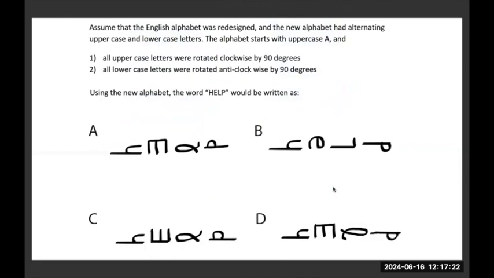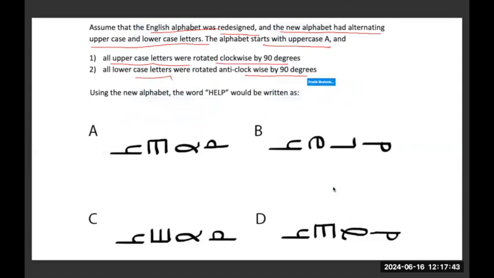Assume that the English alphabets are redesigned and the new alphabet had alternating uppercase and lowercase characters. The alphabet starts with uppercase A and so on. And all the uppercases were rotated clockwise and lowercases are rotated anti-clockwise.